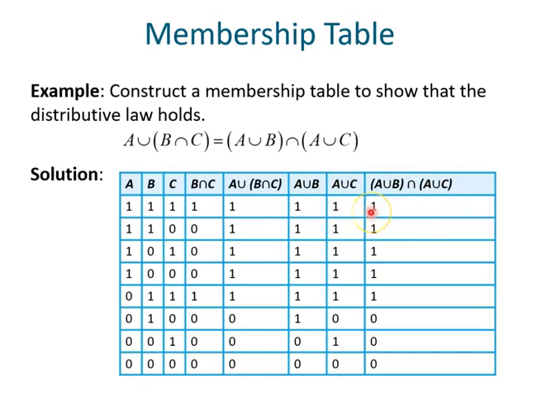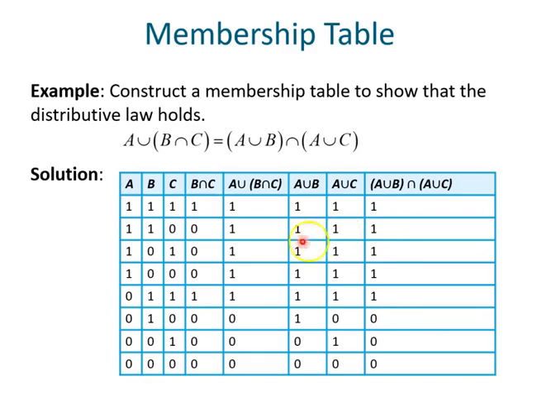We write 1 here. In this row we have an element that is in the first set but not in the second set, so that element will not be in the intersection of these two sets. We write 0. This way fill out the whole column, row by row.